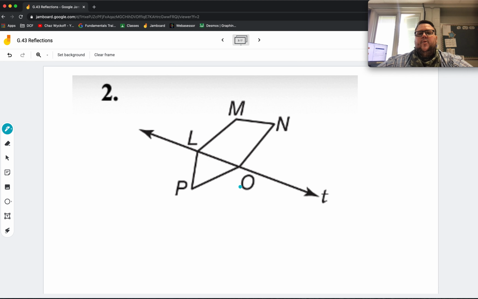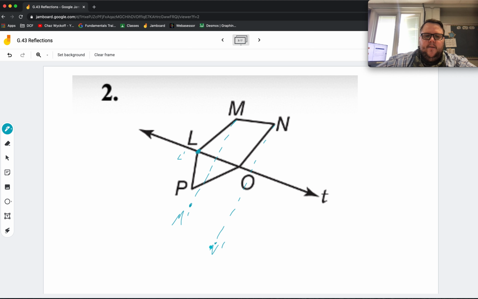So we're going to go ahead and do another one. LMNOP. We're just going to go in sequential order. L is on the line, so L prime is going to be right there. M, I'm going to draw my perpendicular distance, and we're going to put M prime right there. N, remember I draw my perpendicular line again, so we'll put it right here.